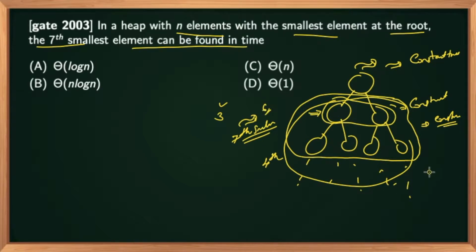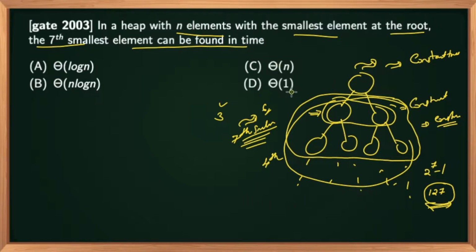So basically you have to see 2 raised to 7 minus 1, which is equal to 127, right? So at maximum you have to search in these 127 elements to find the 7th smallest element. So you don't need to worry about the size of the heap.